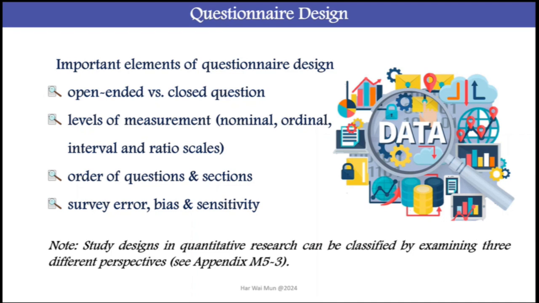If in every question 1 is not good, disagree, bad, don't like, and 7 is good, agree, strongly agree, most like, then you have to be consistent across all the questions. Cannot be, let's say in section B, 1 is the best and 7 is the worst, right? It must be consistent.